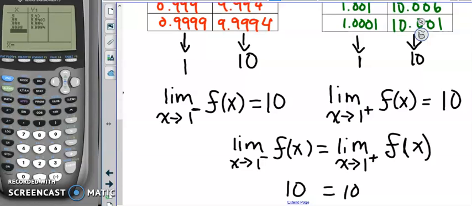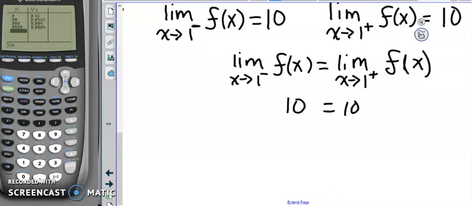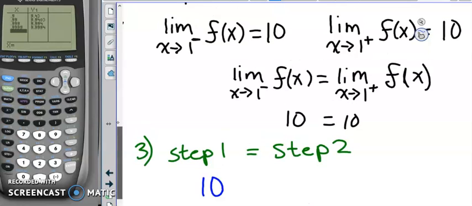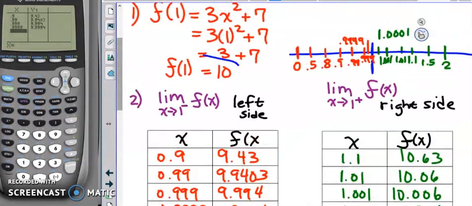Woo! All right, so now the last part is step 3. Step 3, we said that step 1 must equal the value in step 2. So the value in step 1 was 10. And again, going back to that really quick, the value at step 1 was 10.